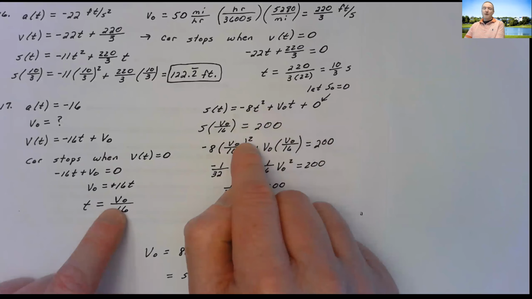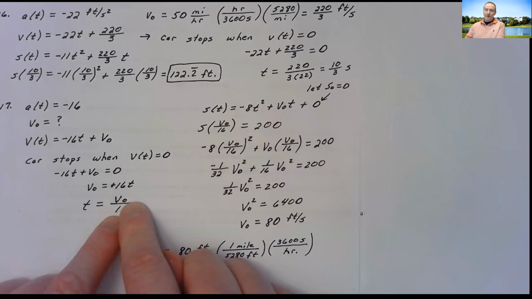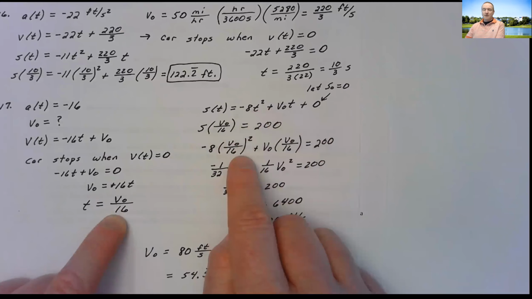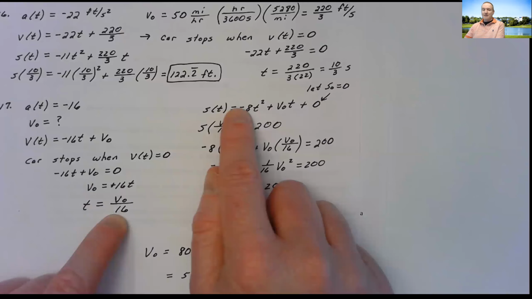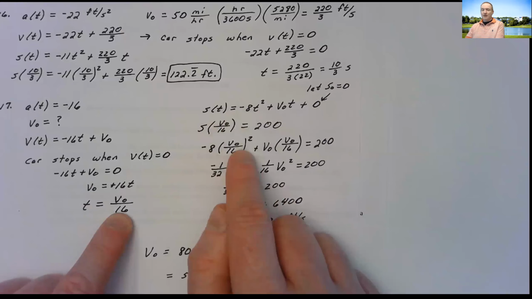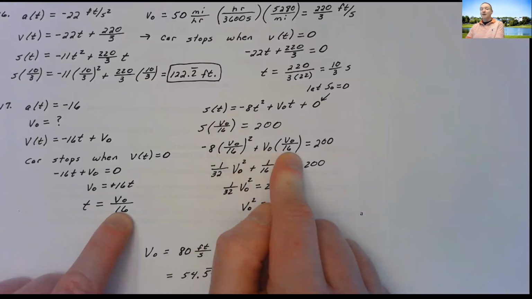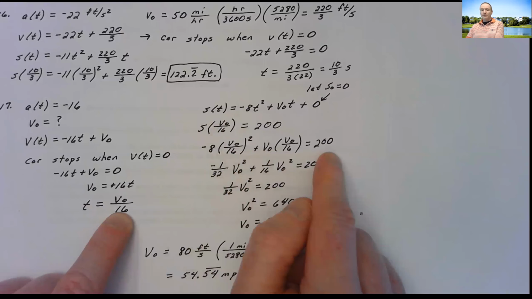So I plug in what I know t is equal to from the previous step. Instead of negative 8t squared, I have negative 8 times v sub 0 over 16, quantity squared, plus v sub 0 times t, which is v sub 0 over 16, set equal to 200.